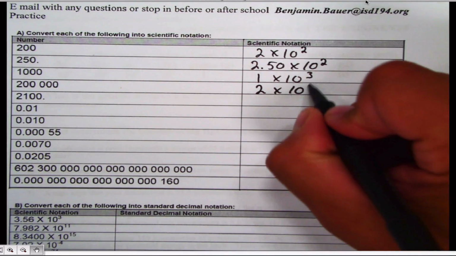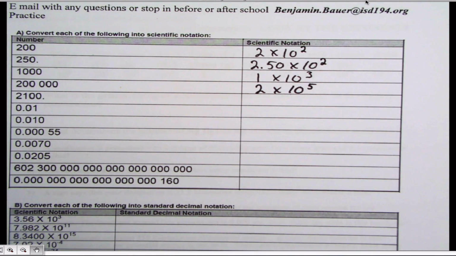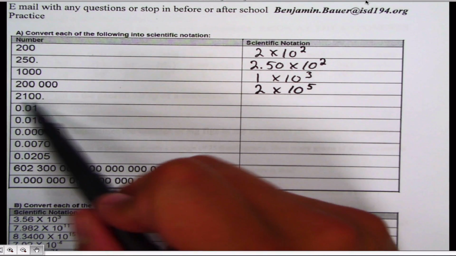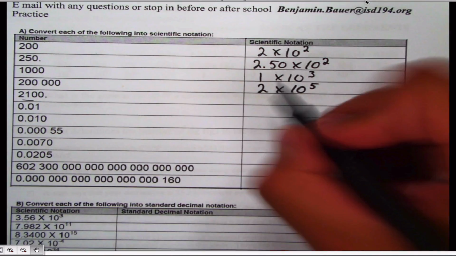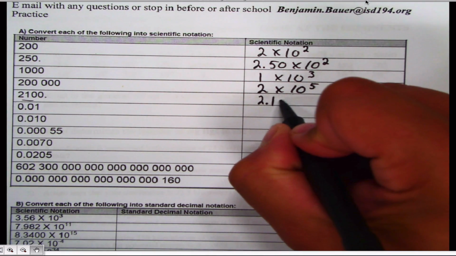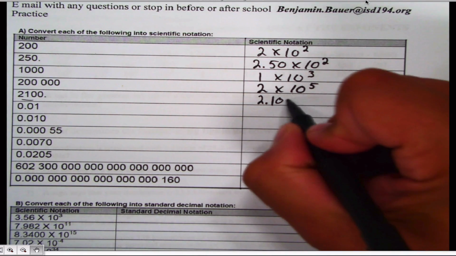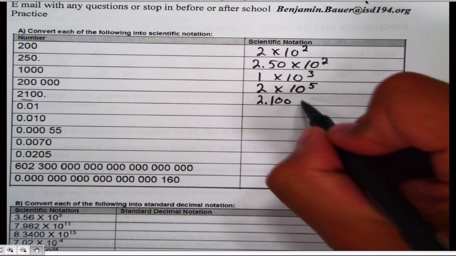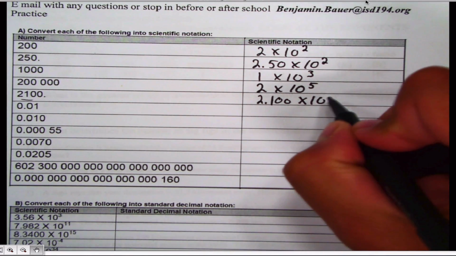Nope, 5, that'd be a million. All right, to the 5th. Notice there's a decimal, 4 significant figures: 2.100, got to keep those significant figures, times 10 to the third.